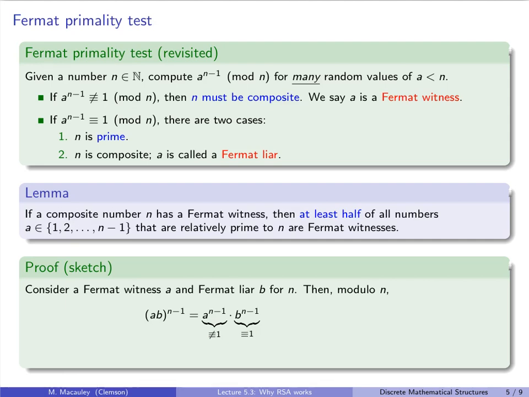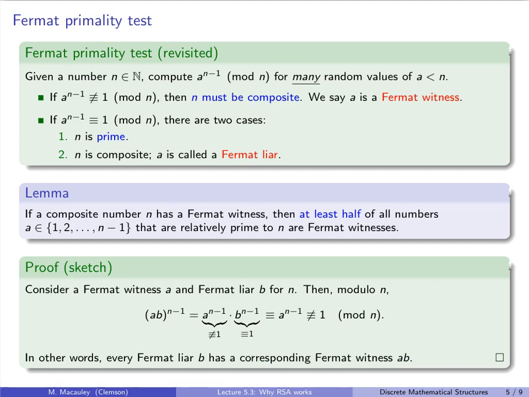So mod n, we can just ignore the B to the n minus 1 and get A to the n minus 1. Since A is a Fermat witness, we know that A to the n minus 1 is not 1 mod n, and that's exactly what we wanted to show.